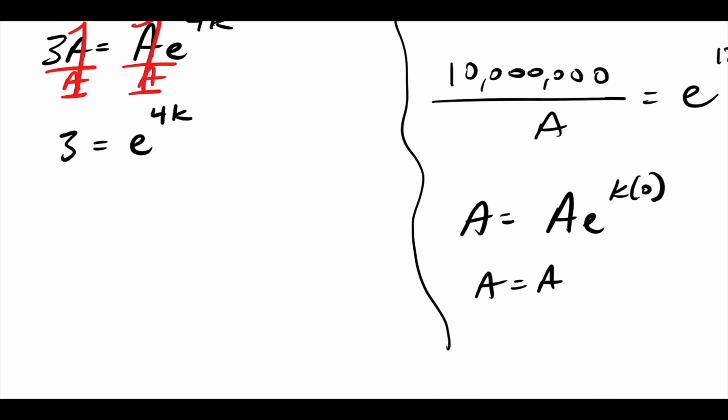Change that to log. Log base e equals log of. So log of 3 equals 4K. Natural log of 3 equals 4K. Divide by 4. Now we're talking.